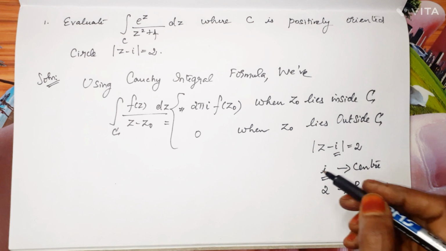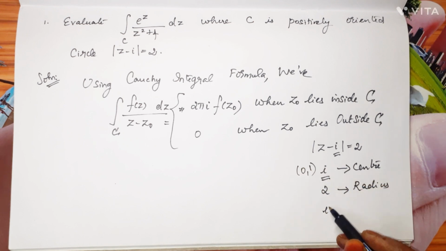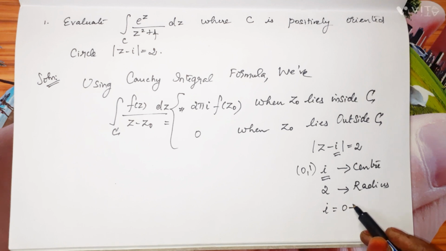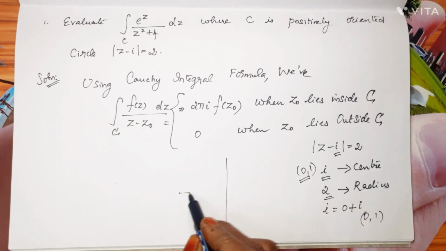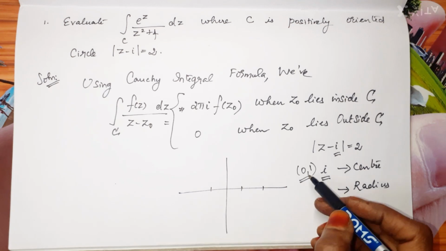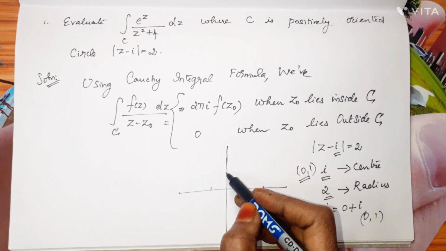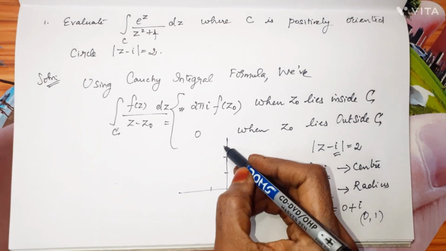i is the center means the point is (0, 1), because i can be written as 0 plus i. So the point is (0, 1). With this center we have to draw a circle with radius 2. So let me draw a circle. The x coordinate 0 means that the point will lie on the y-axis.